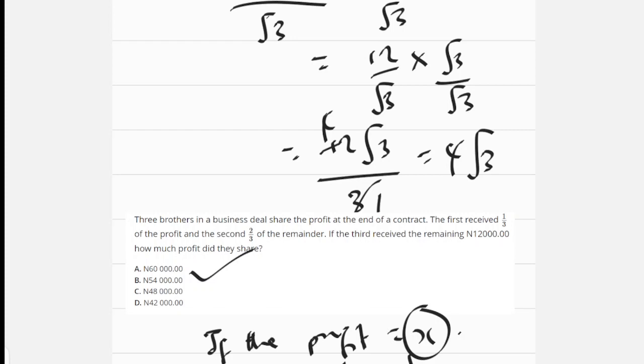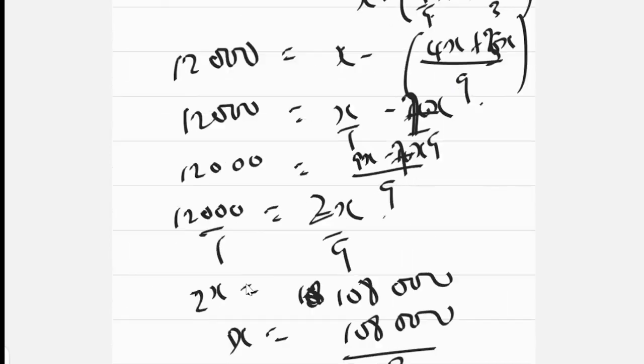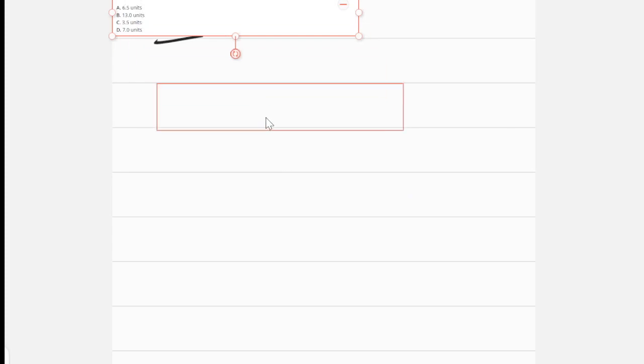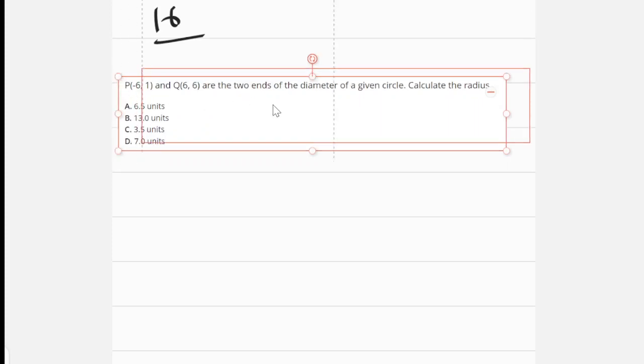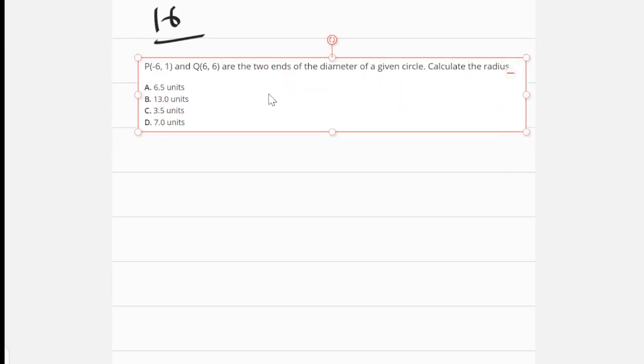So question 16. The question says, suppose you have these 2 points, point P and Q like this, at the two ends of the diameter of a given circle, calculate the radius.